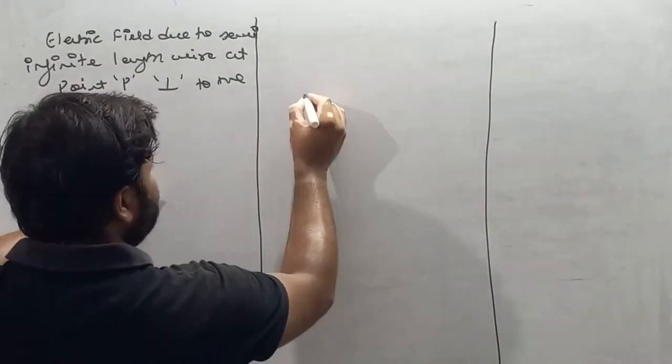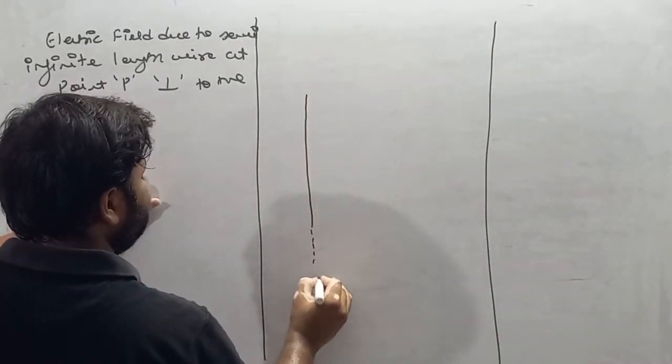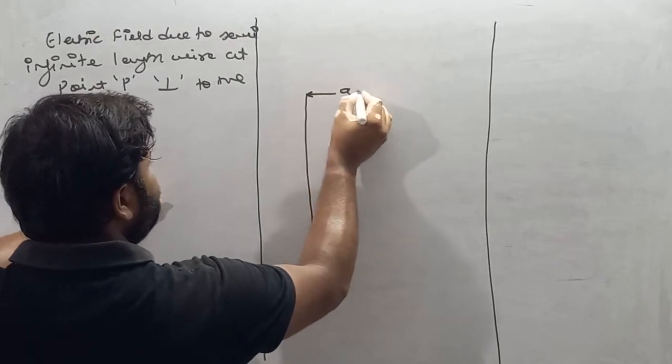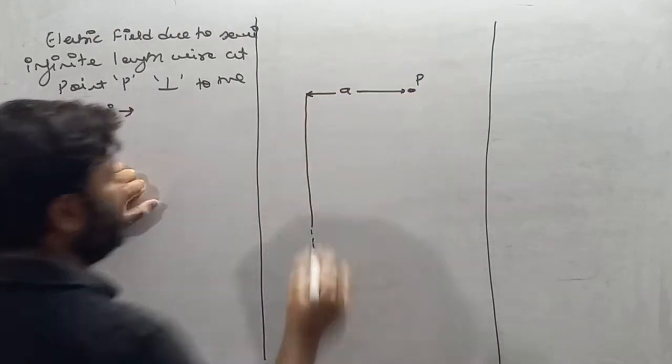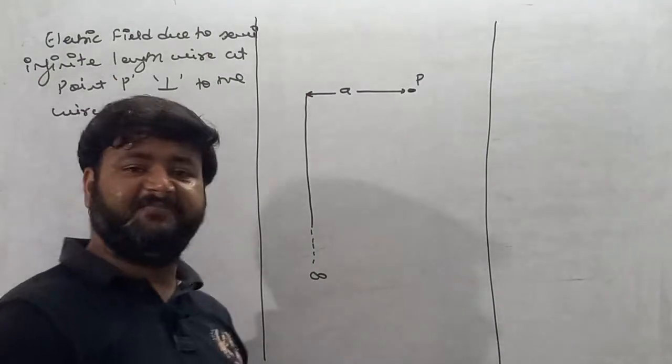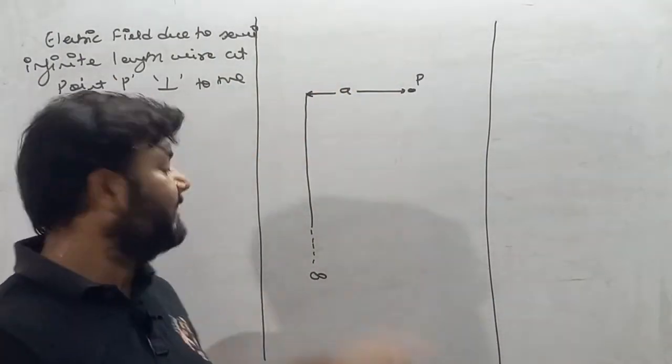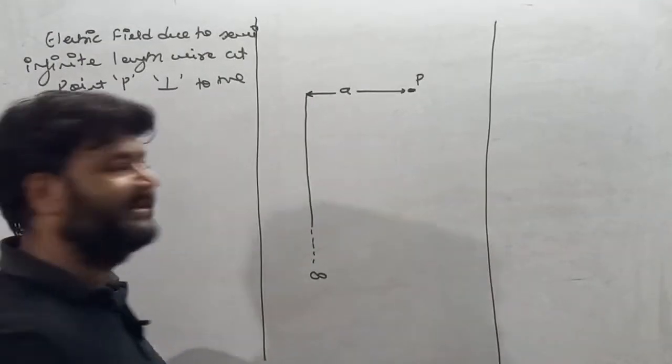Now see, we have a semi-infinite length wire. I already told you, in case of semi-infinite length wire, you have to consider yourself at one end of the wire and the other end tends to infinity.